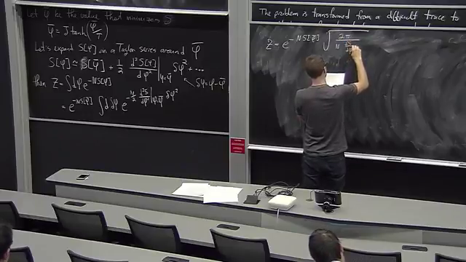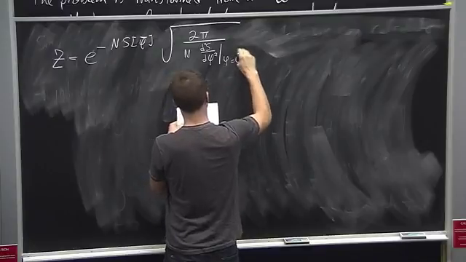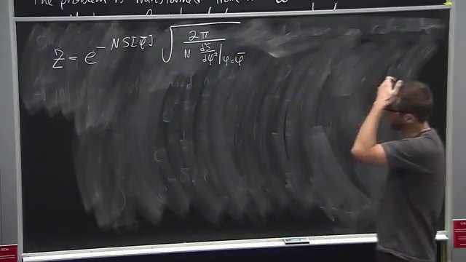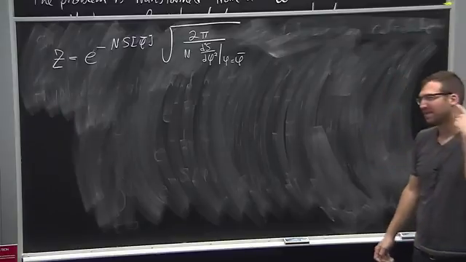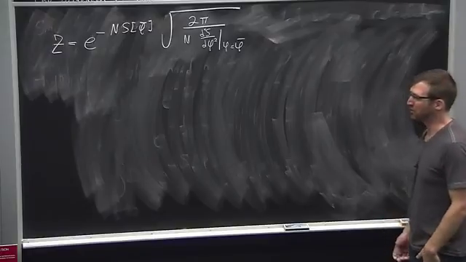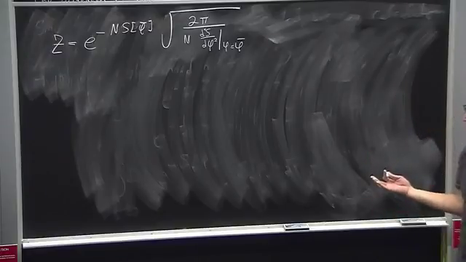I pulled that n out because I want to be able to take a limit when n goes to infinity. So when I take the thermodynamic limit, I should be able to get an exact expression.